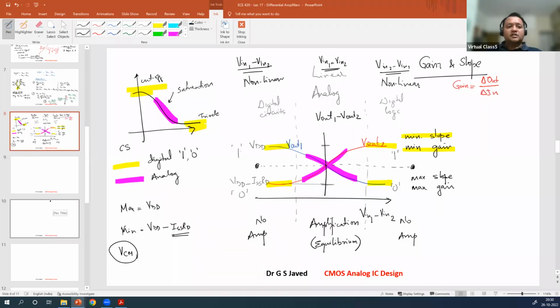Okay, so this is called a qualitative analysis. Qualitative analysis for a differential input. This is for single stage. This is for differential input.